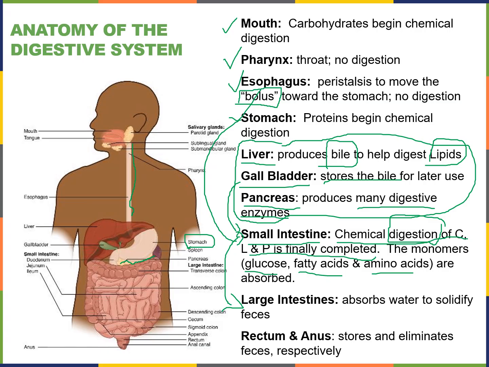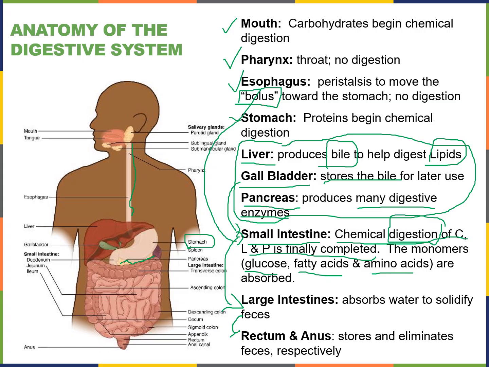If they end up in the large intestine, they will be sent to the rectum and eliminated with feces, which would not be a good thing, because what that means is you're consuming food, but you're not actually getting the benefit of the nutrients that are present in the food that you've eaten.